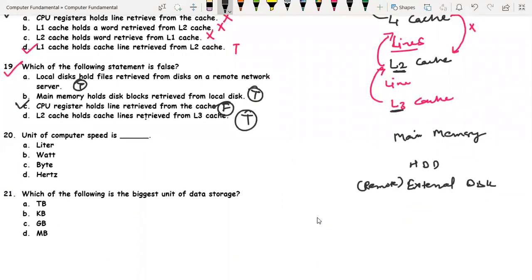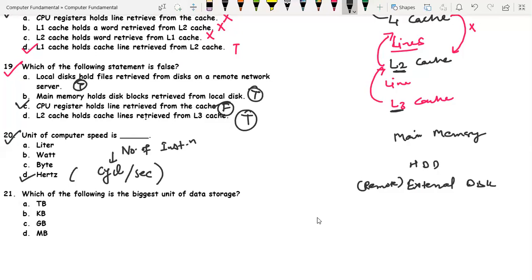No, it's straightforward, how you explained it just now. So, question number 20. Unit of computer speed is hertz. The definition of hertz is cycles per second, and here it means number of instructions per second.